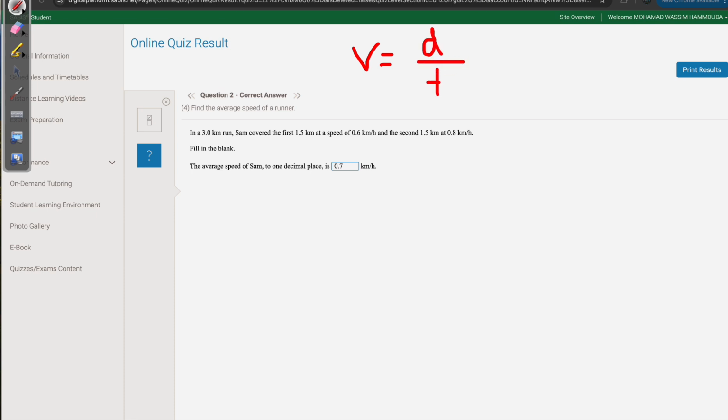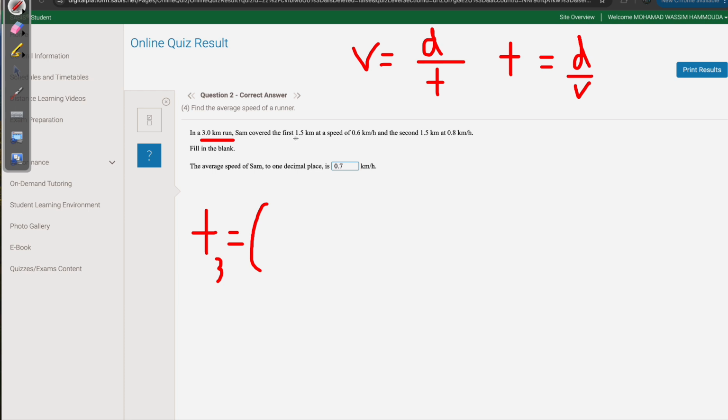We need the time so we can calculate for the entire run, which is 3 kilometers. So time is equal to distance over velocity.